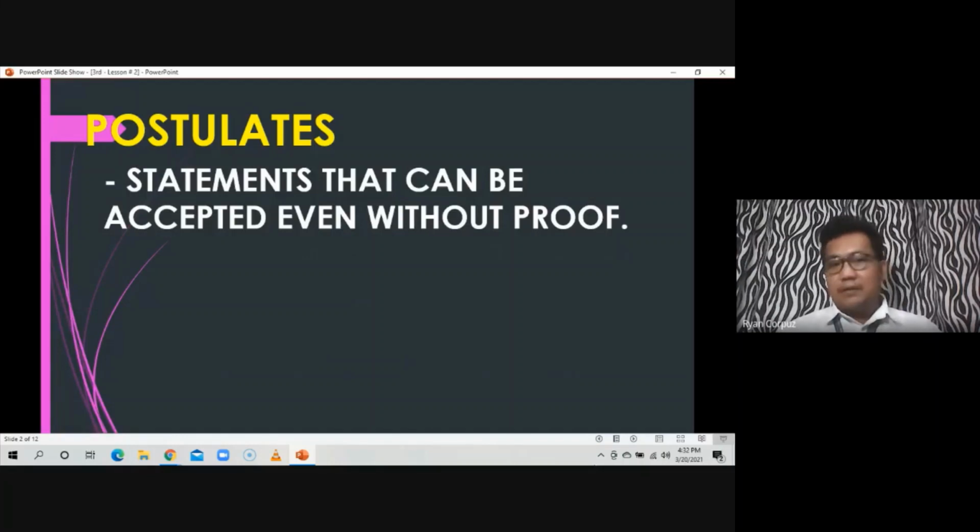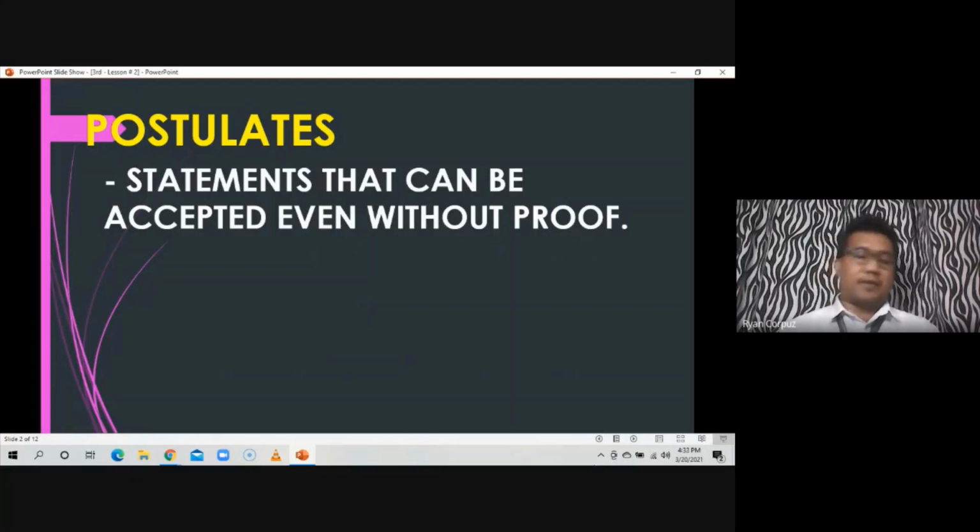So right away, these statements pwede natin magamit in order for us to prove something with a specific figure. So pwede natin magamit yan even if we are not going to prove it. So kasi it's just like right away we can say that it's true.